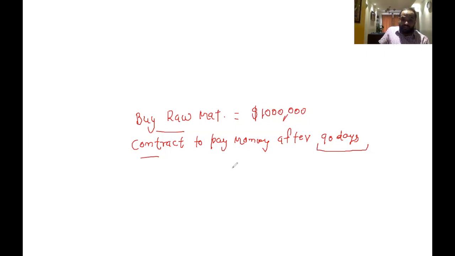If it's the spot market, whatever price is available on the date of payment, you use that price to pay the money. But under the forward market, you sign a contract using a forward rate.